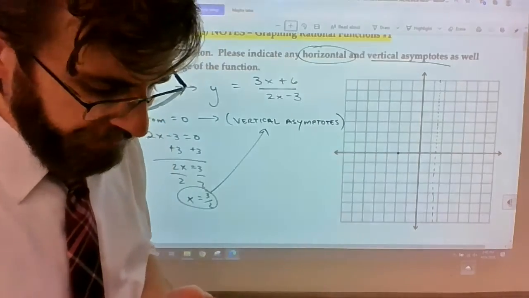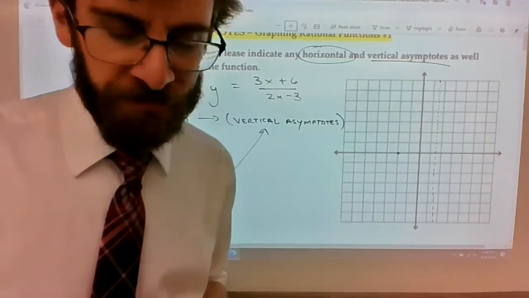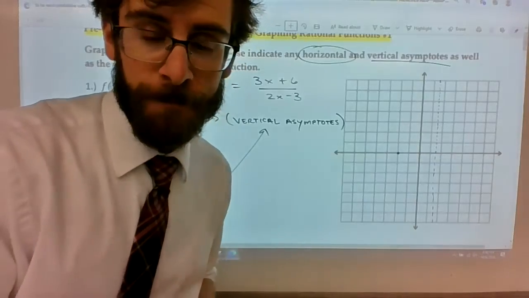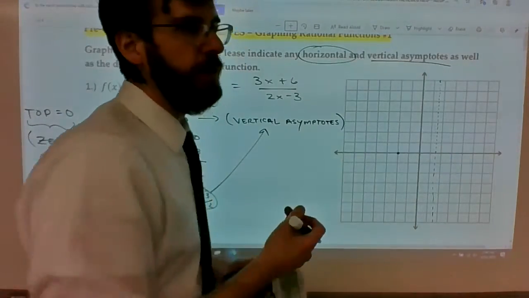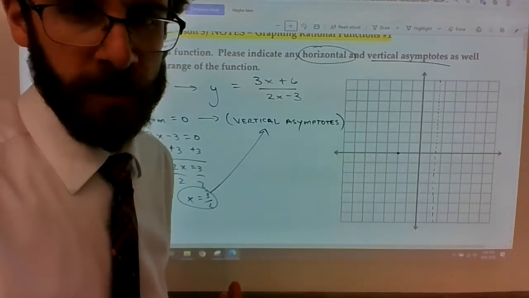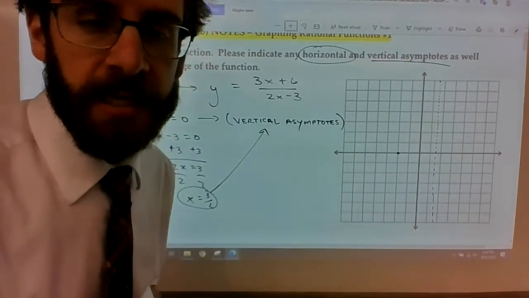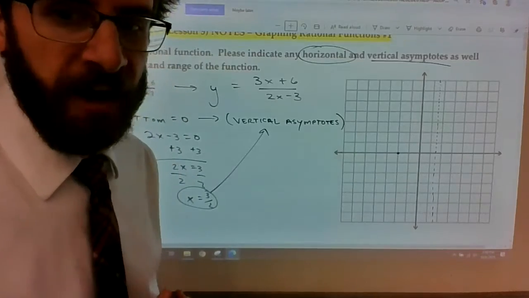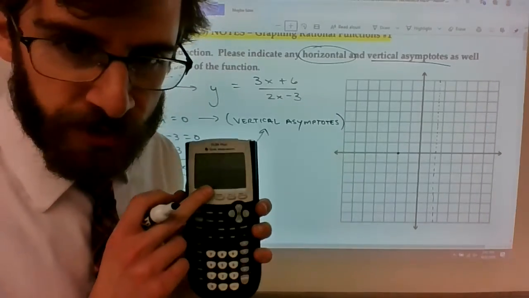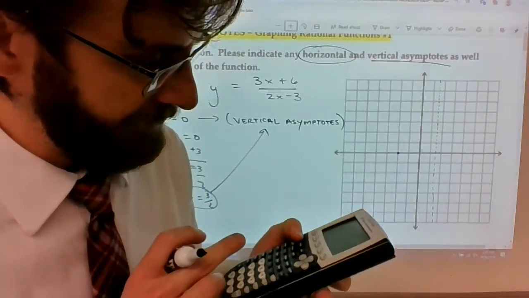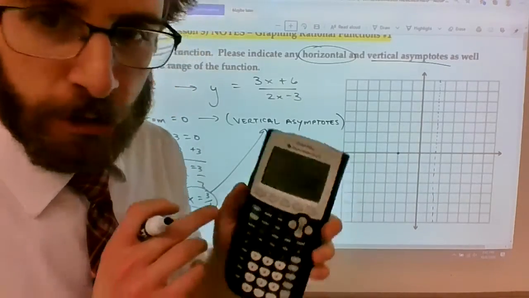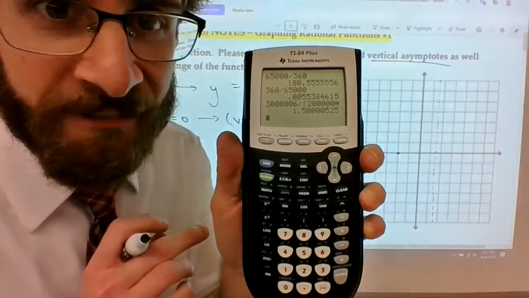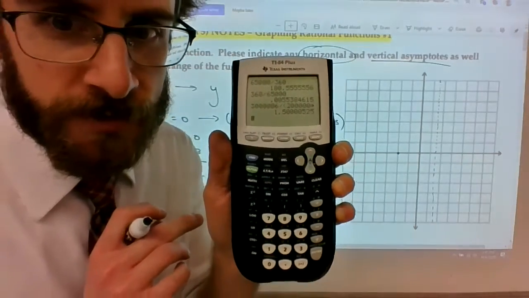I got 1.5, well, 1.500000525. Basically, if I do this with a couple more numbers, like if I plug in 1 billion and then 1 trillion, what you're going to find is that the number gets closer and closer and closer to 1.5.